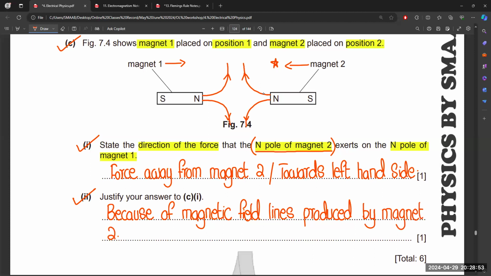If we just make the magnetic field lines of the North Pole, that will show you the answer.